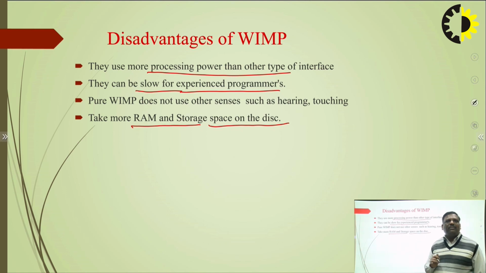Beginners choose the WIMP GUI features. Pure WIMP does not use other senses, that means the sense of hearing or touching. Touch panels and some speech recognition methods are there, but pure WIMP does not work with them.